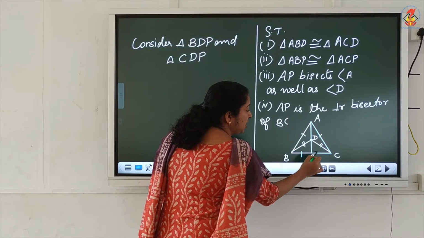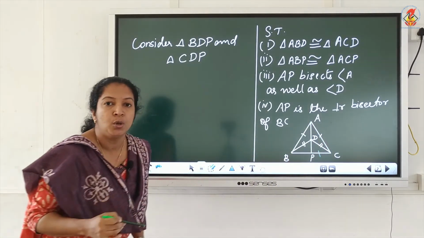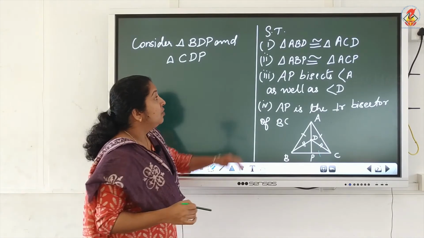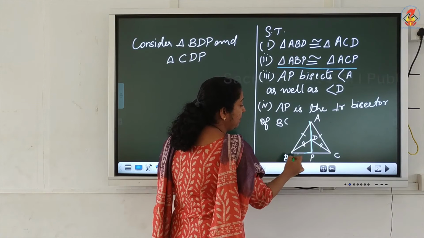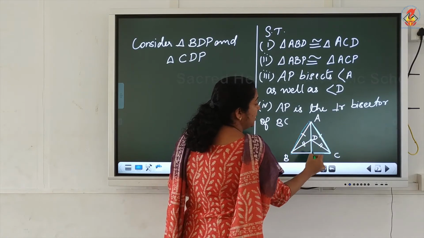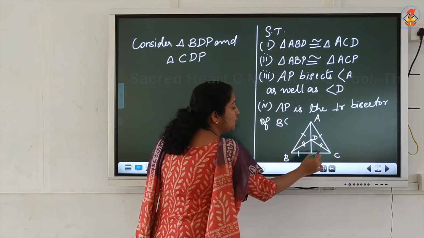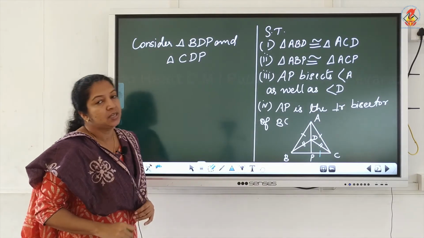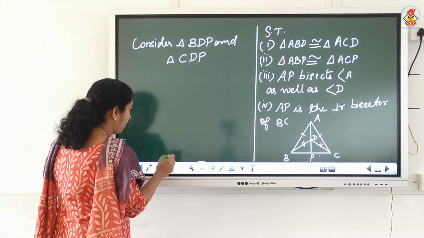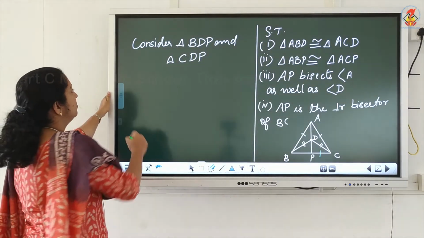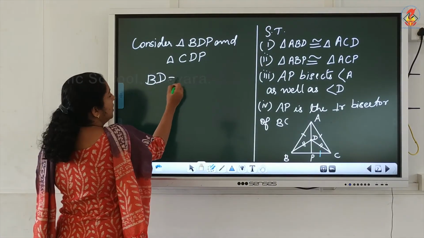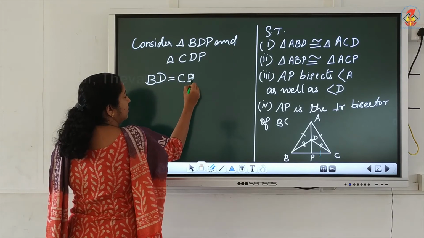This means that these two are equal using CPCT. So these two sides are equal using CPCT. The first one which we can write easily is BD is equal to CD, given.